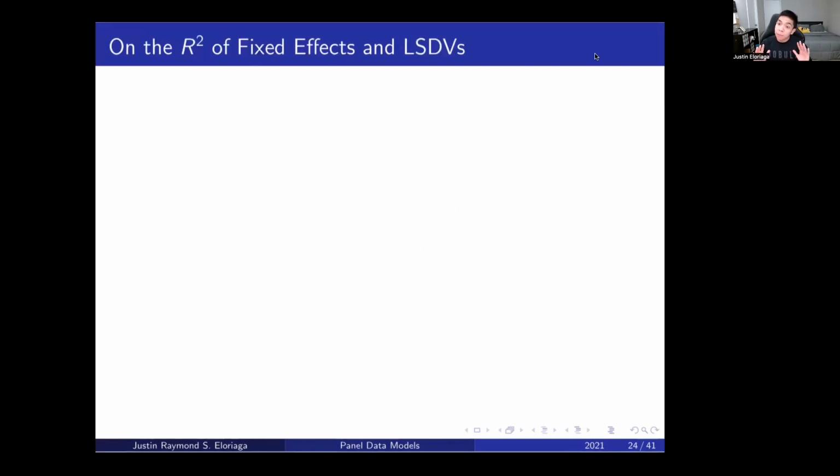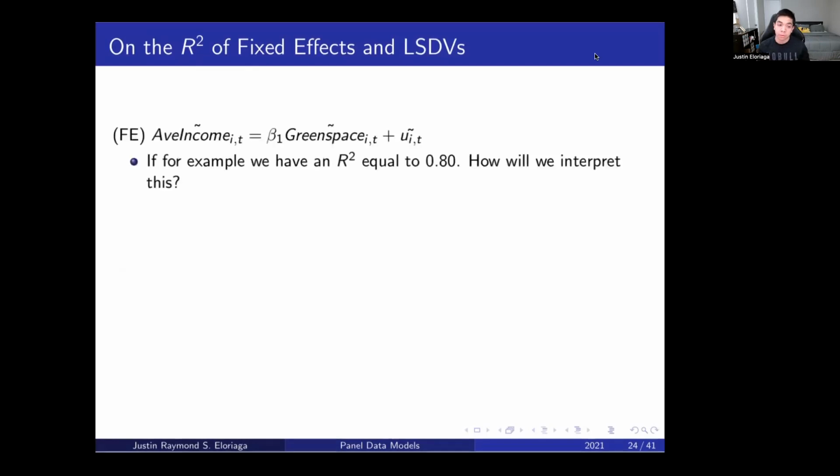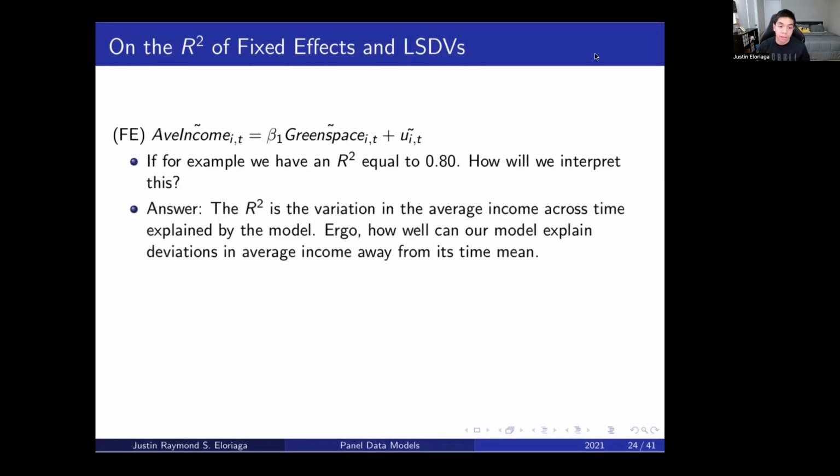Okay, so if we look at the R squared of the time mean fixed effects, the time average fixed effects, and the least squares dummy variables, right? If we have an R squared equal to 0.8 when we run the time average fixed effects, how do we interpret this? The answer is the R squared is the variation in the average income across time explained by the model.